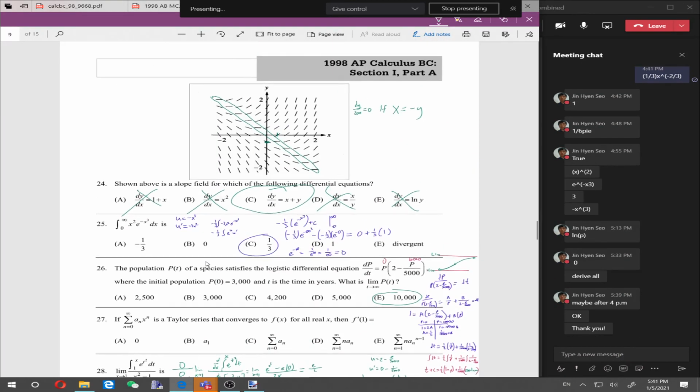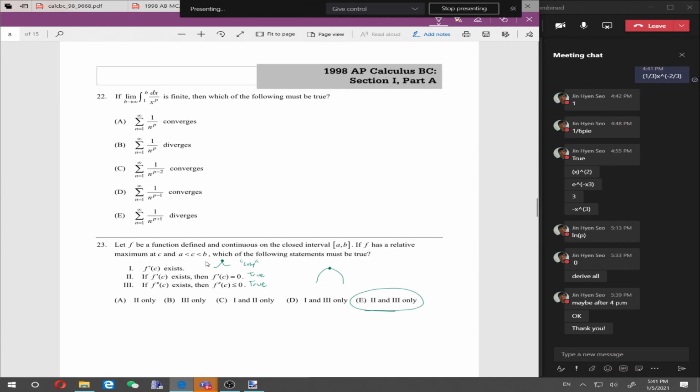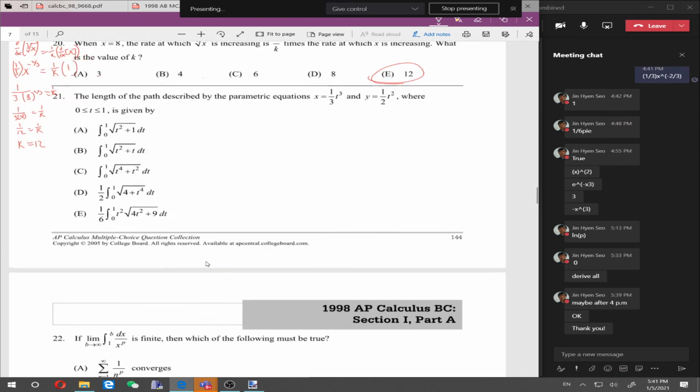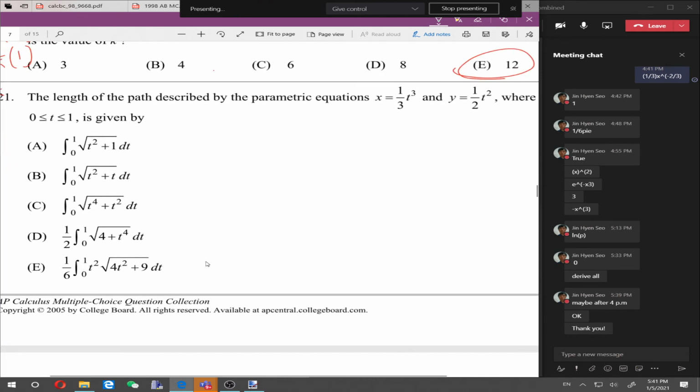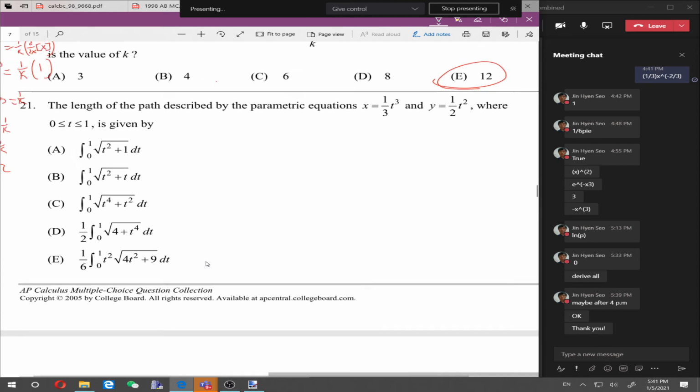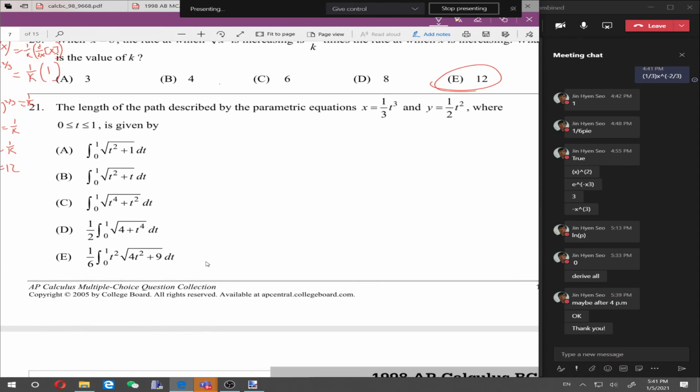I'm going to jump back through a couple of these BC questions that we passed. Okay, starting with this length of a parametric, on 21. Andrew, what's going to happen here?